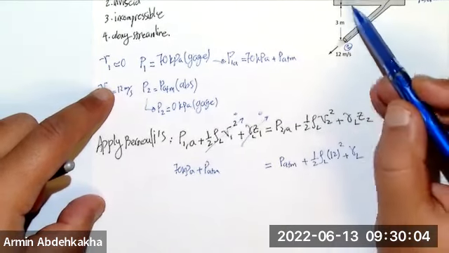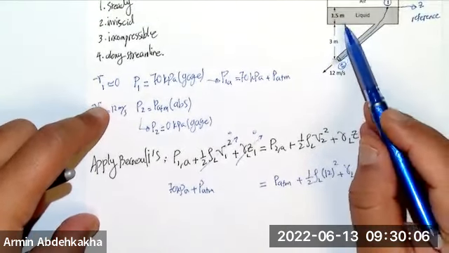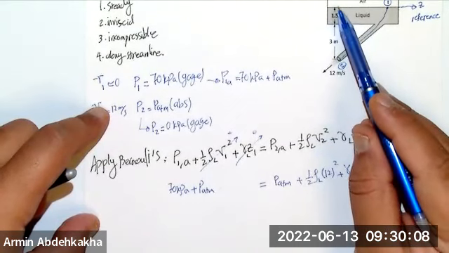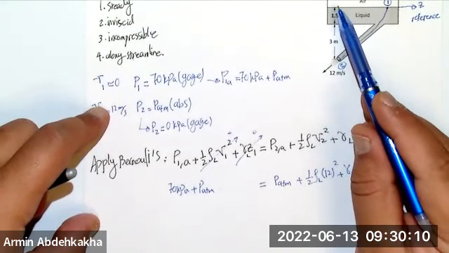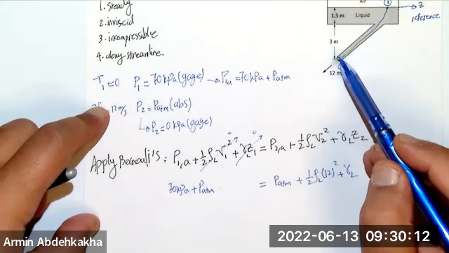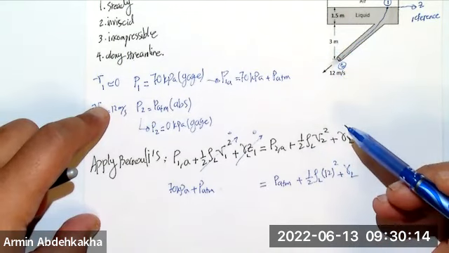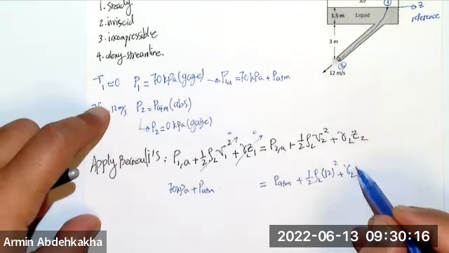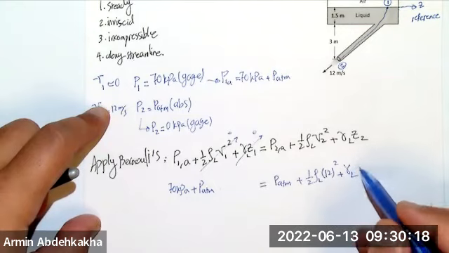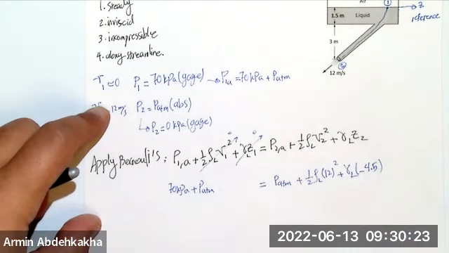But Z2 is available here. If Z1 is our reference, then 4.5 or some negative is your Z2, right? So times minus 4.5.